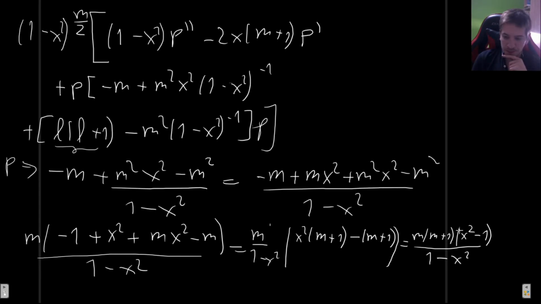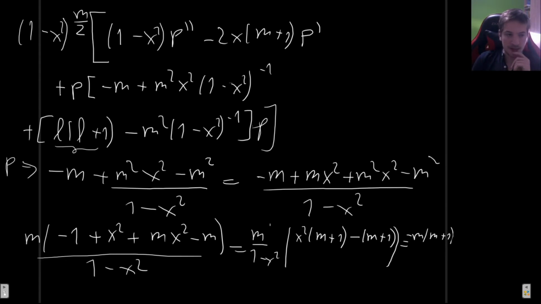So if we now just take a minus out of this, so we write minus this, we can flip the sign of this. We are not doing anything illegal here, we're just flipping the sign and putting a minus outside to compensate. We get 1 - x^2 up here. So now this 1 - x^2 will cancel each other out. So all that we are left with is -m times (m + 1).